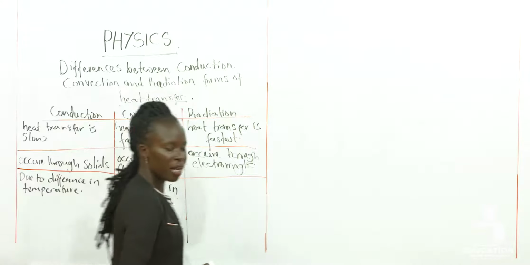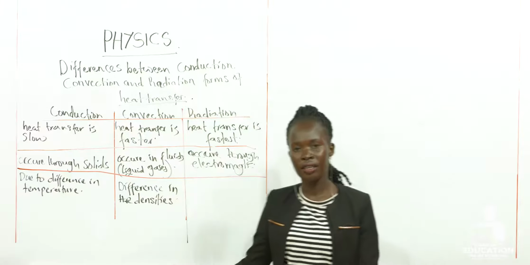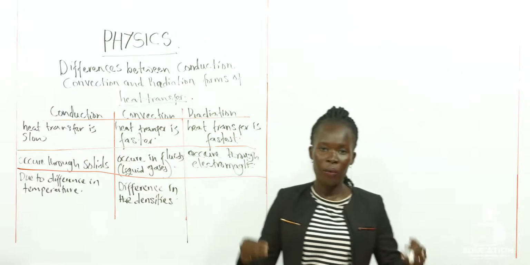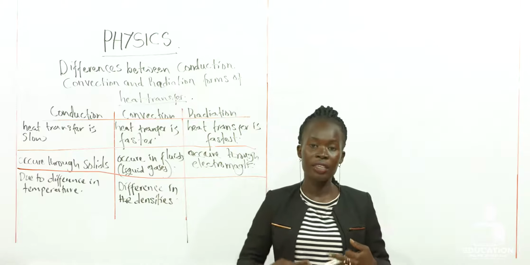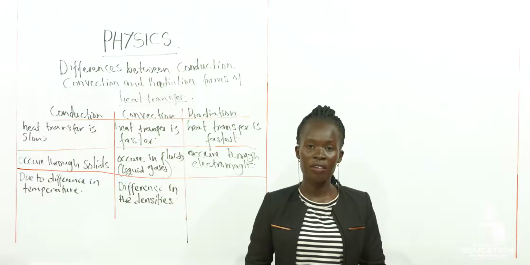If it is due to the difference in the densities, what causes the difference in the densities? When you look at heat, it changes the kinetic energy of a substance.